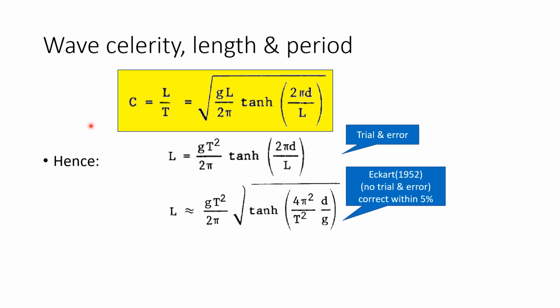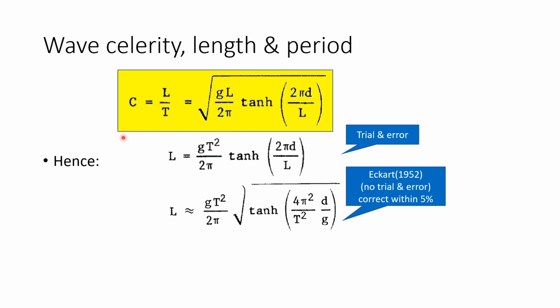So what we're going to do right now is focus only on this part, and simplify it so that it leads us to this expression over here, whereby the wavelength is given by the expression on the right hand side. We notice that the wavelength depends on the water depth and also the wave period.